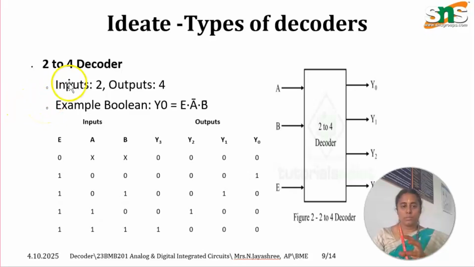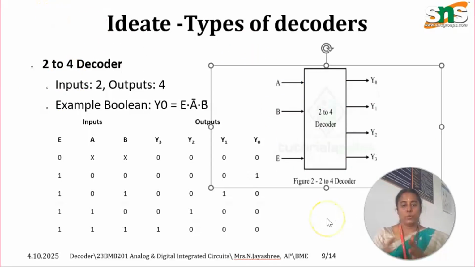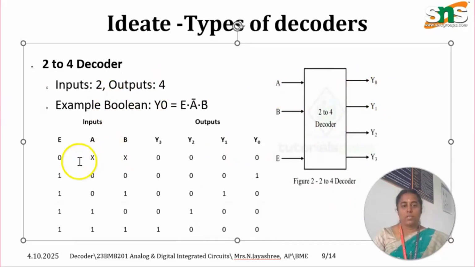Now we can define this 2:4 decoder. The 2 inputs give 4 outputs. Here E is the enable signal, because if you want to switch on the system, only then it will work. These are the 4 combinations: 0 0, 0 1, 1 0, 1 1.